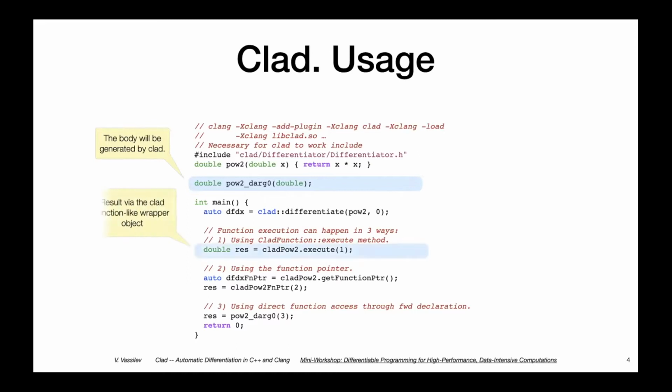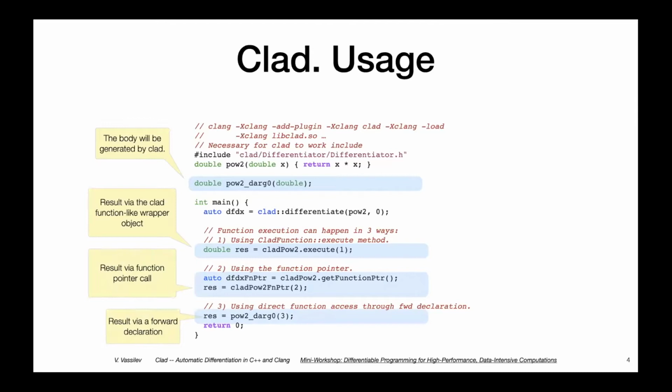That derivative can be accessed in 3 ways actually. First, you can use it as a standard forward declared function, or you can use it as this functor-like wrapper object where we can call execute or get the function pointer itself, so that we can use the raw function pointer.